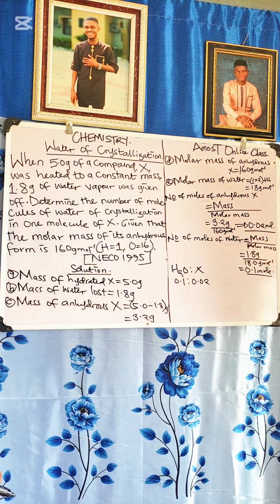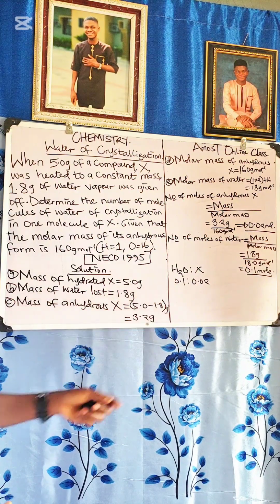So we divide all through by the smallest value, and in this case it is 0.02.